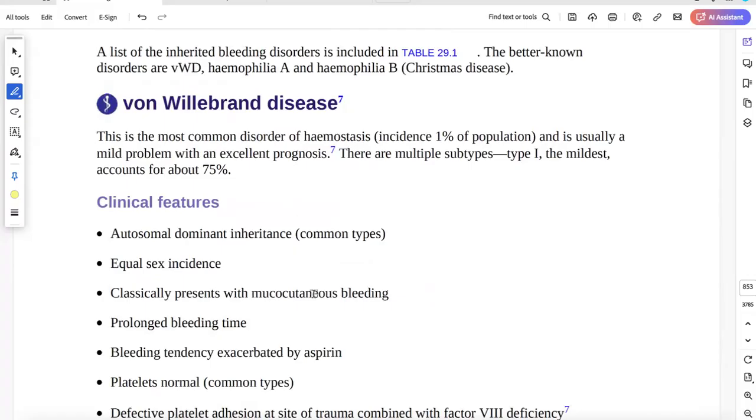Very important. And it can be quite confusing in the exam sometimes. It is the most common disorder of hemostasis. It's a mild problem with excellent prognosis.